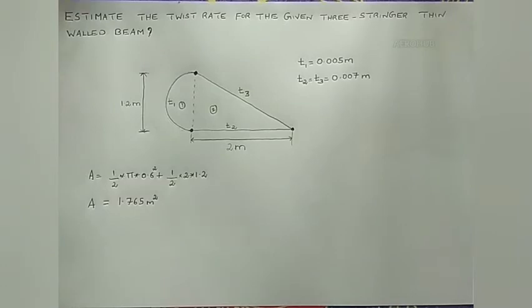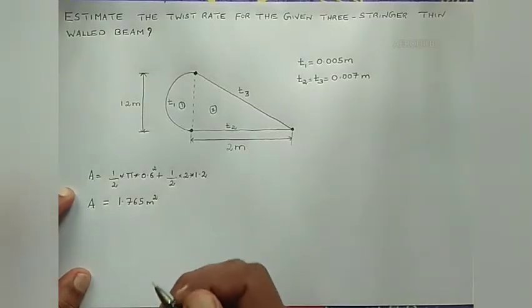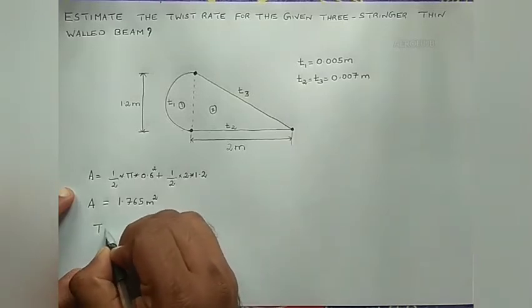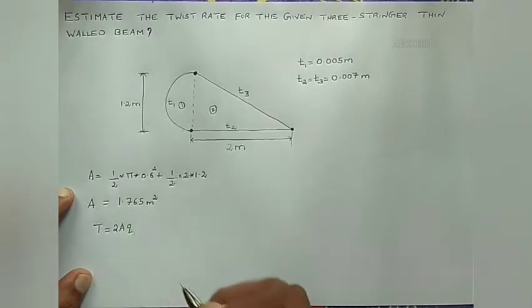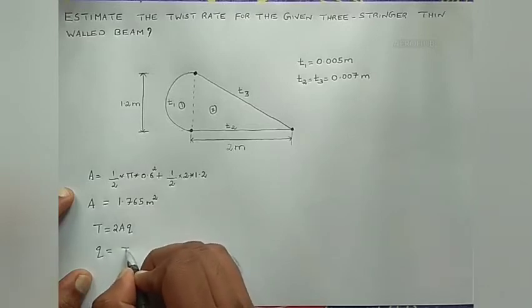Now the next step is, we have to use the relation between torque and the shear flow. That is the Bredt-Batho formula. So T is equal to 2AQ. From that I can find out the value of shear flow Q. So Q is equal to T divided by 2 times the area.